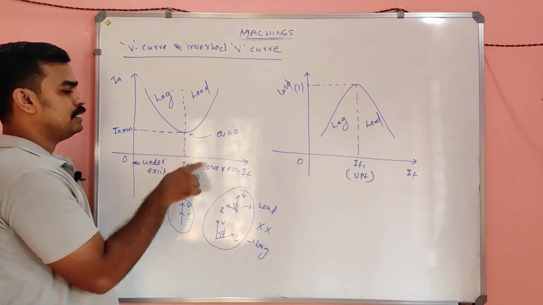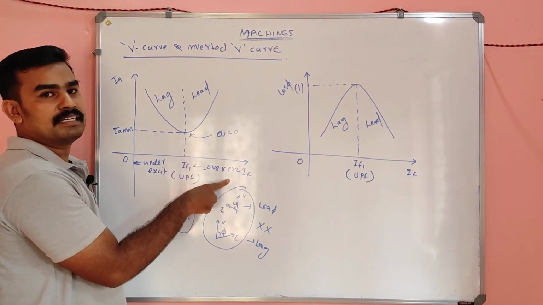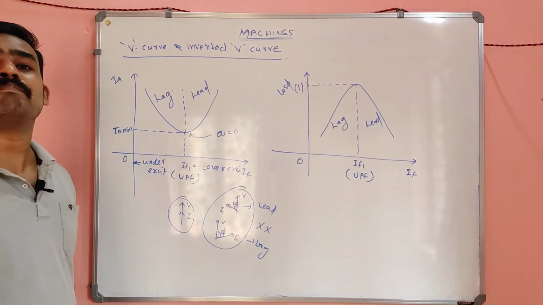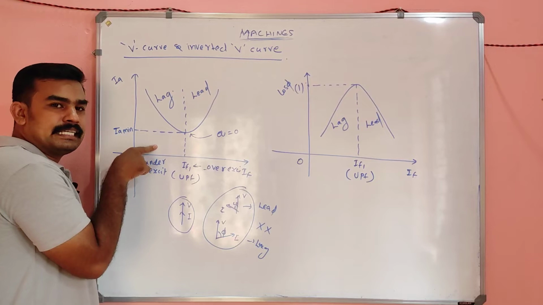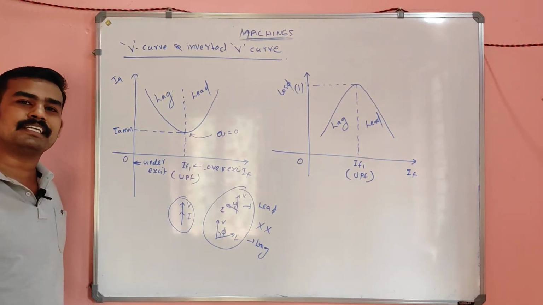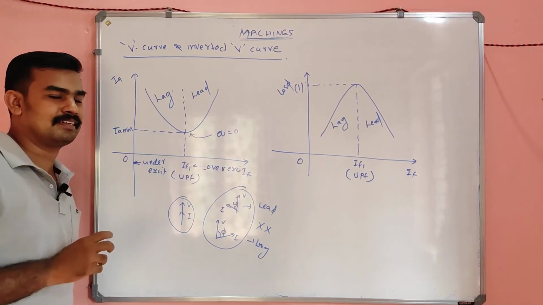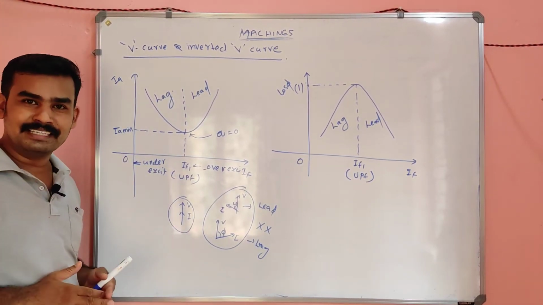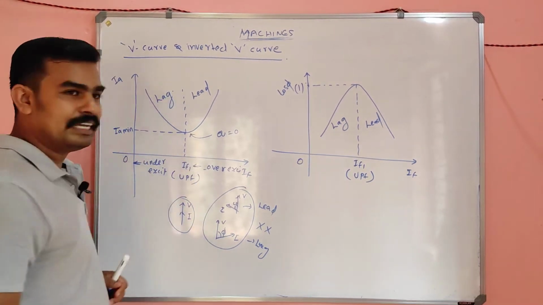After that, if you increase the excitation, it will go to over excited condition and the power factor will become poor. And if you decrease the excitation from this condition, the motor will go to another poor condition, which is nothing but the lagging power factor condition. That is also not desirable. Is it clear? So that is the concept of the V curve.